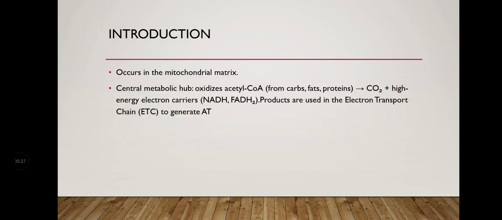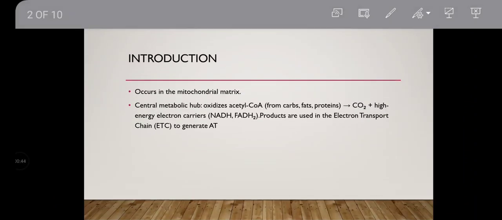The citric acid cycle, also known as the tricarboxylic acid cycle, occurs in the mitochondria and it is a central metabolic pathway. Meaning that it oxidizes the most important end product of most biochemical reactions.